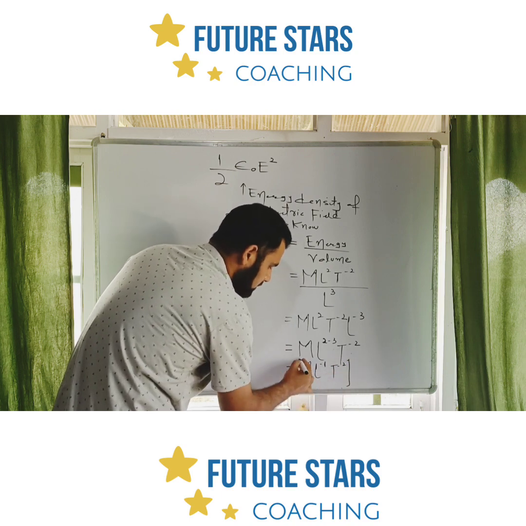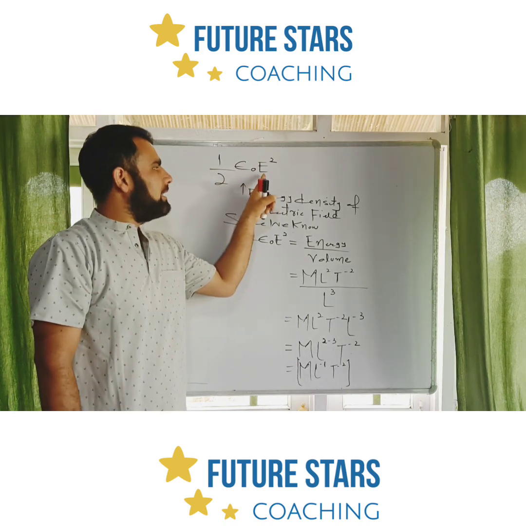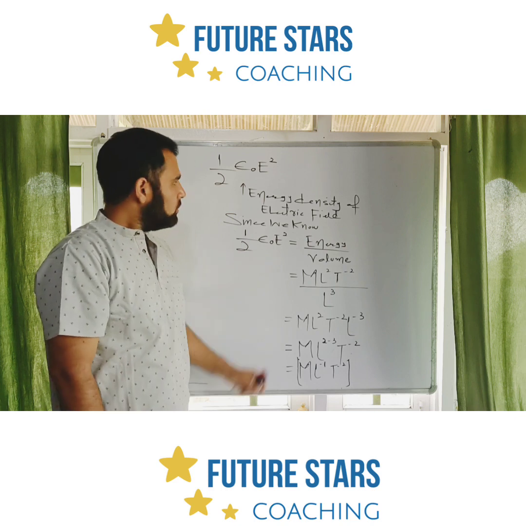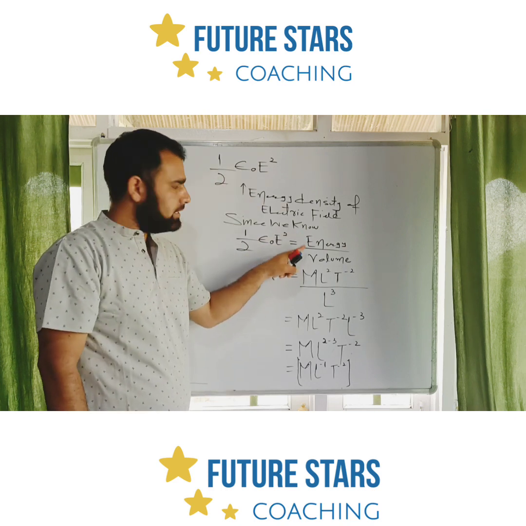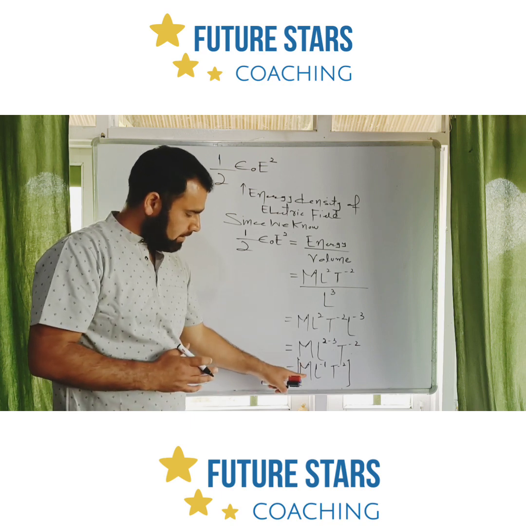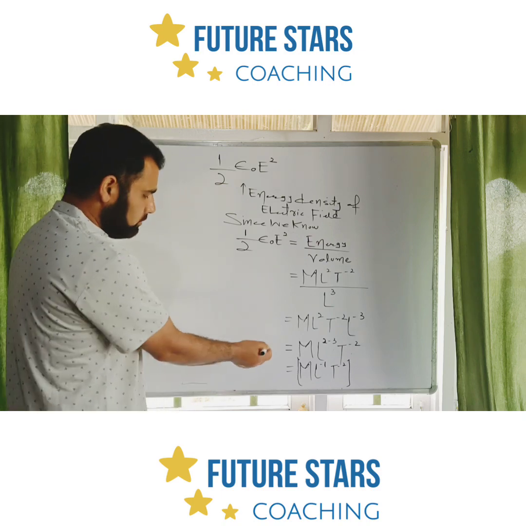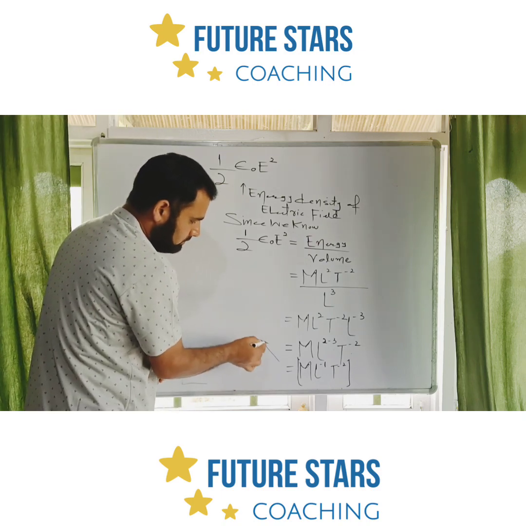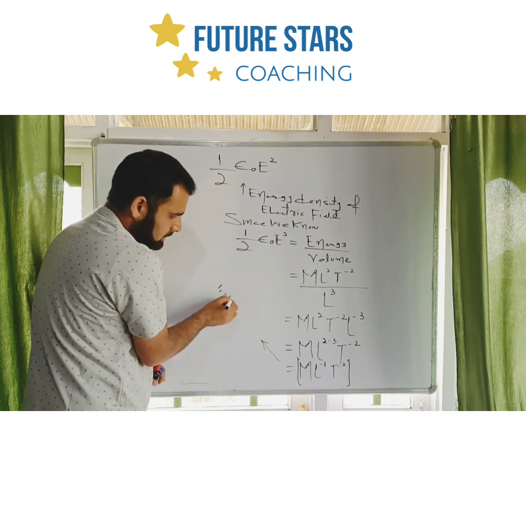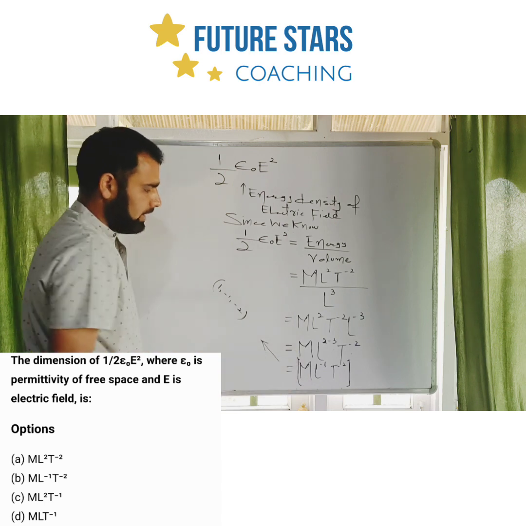This is the dimensional formula of this 1 by 2 epsilon naught E square in a very shortcut manner. So this term represents the energy density, that is energy per unit volume, and its dimensional formula is M L to the power minus 1 T to the power minus 2.